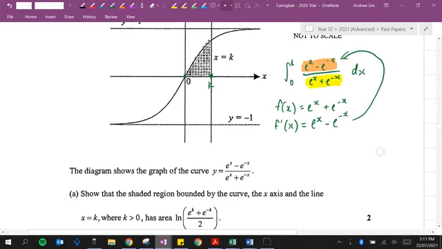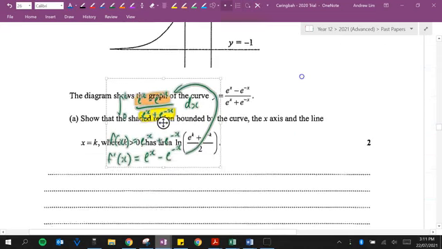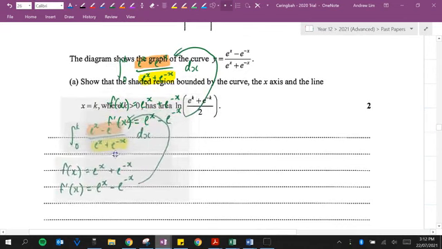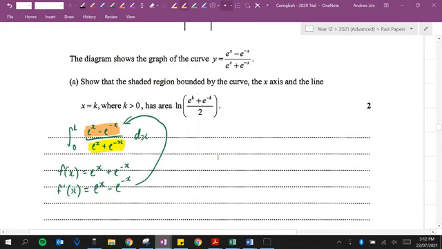So now that we've got that, I'm just going to bring my working down here. And that means I'm just going to rewrite this again. e to the x minus e to the negative x all over e to the x plus e to the negative x dx.